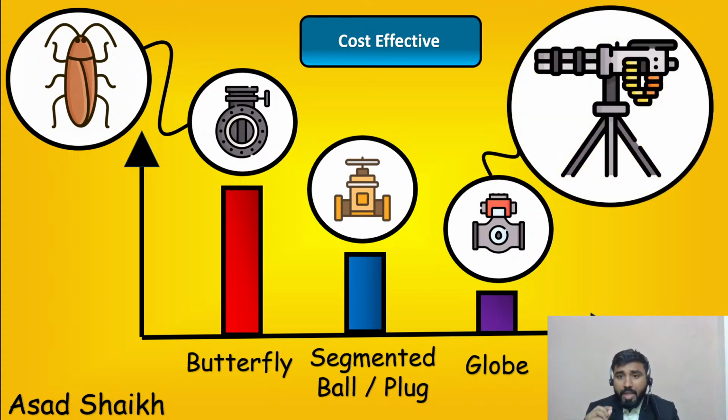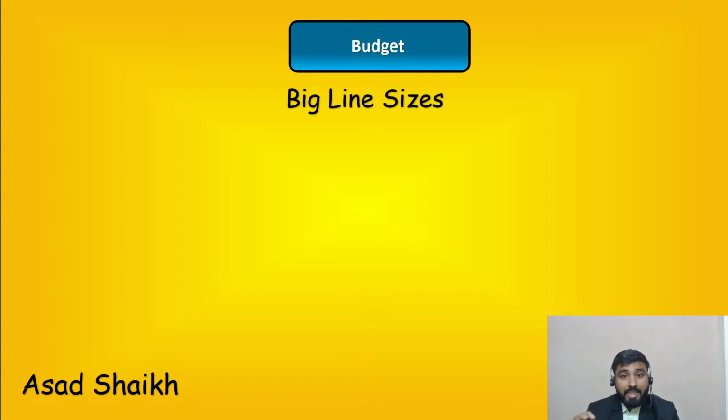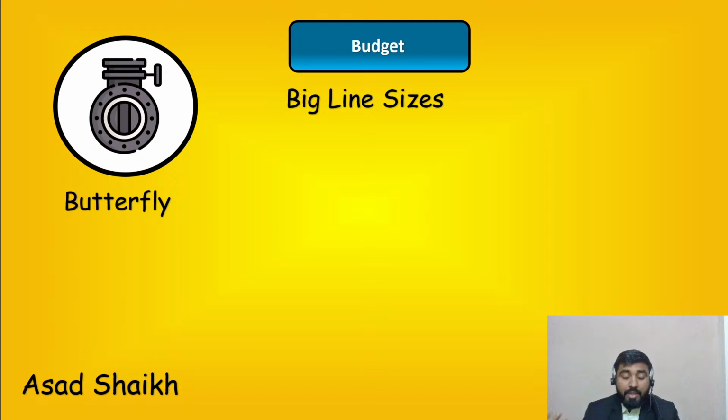Now let's look into the second important point, which is size. The budget will greatly depend on your line size. As somebody said in the comments, as the line size increases, the impact of the size on a globe valve will become 2 times, 4 times. It will increase dramatically, and the maintenance will also become tougher.